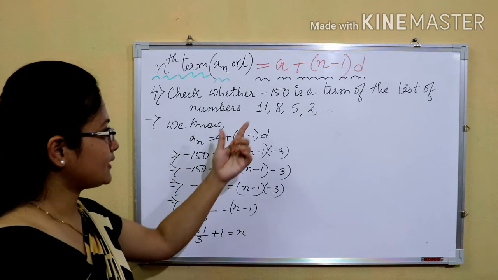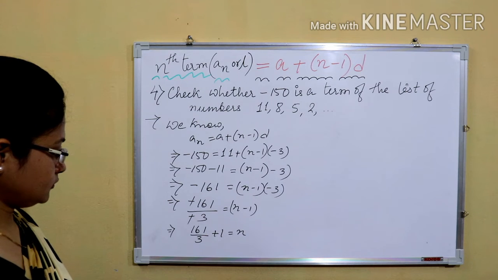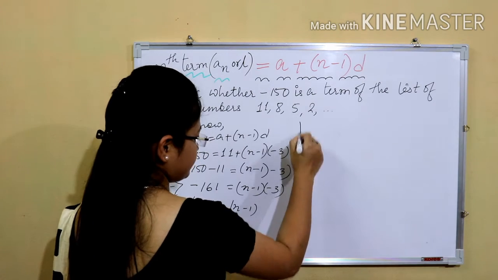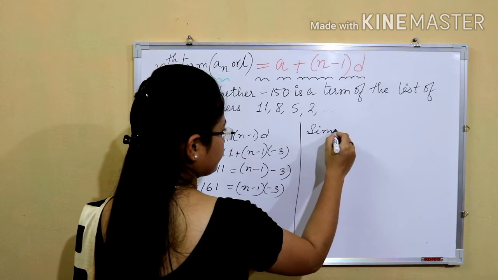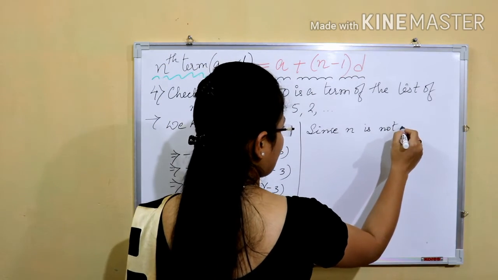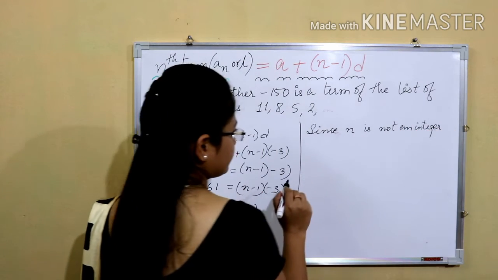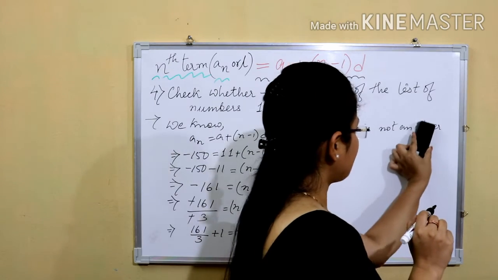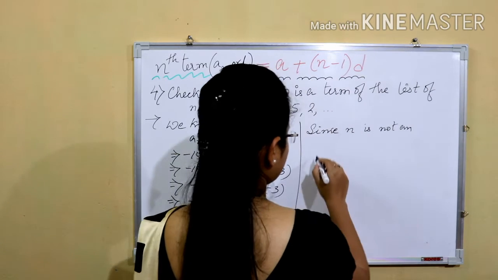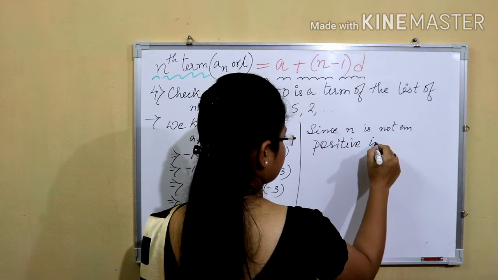So we can't consider minus 150 to be a term of this AP. We will not solve further. Directly we can write that since n is not an integer, not a positive integer, as the number of terms should be positive, minus 150 is not a term of this AP.